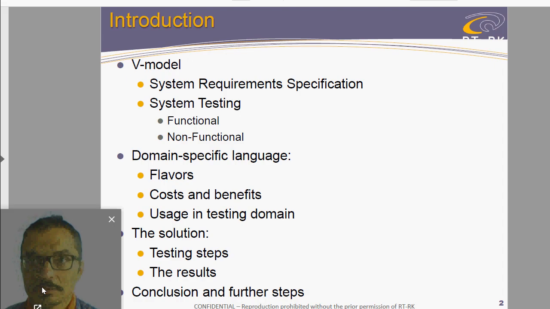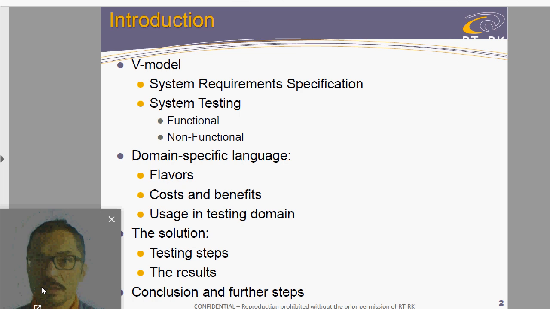In the introduction, I will lay down what we'll be discussing in the presentation. First, we will talk about the V-model: what the system requirements are, and what system testing is. After that, we will talk about domain-specific languages, how to create them, what their flavors are, what the costs are, and what the benefits are.